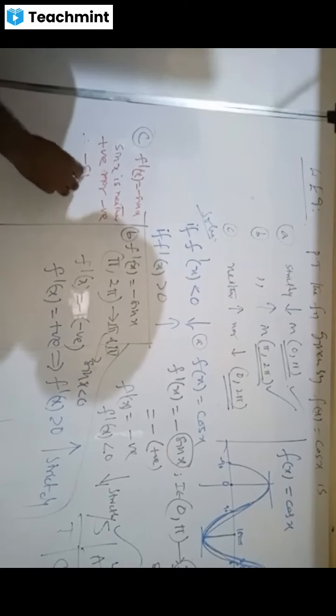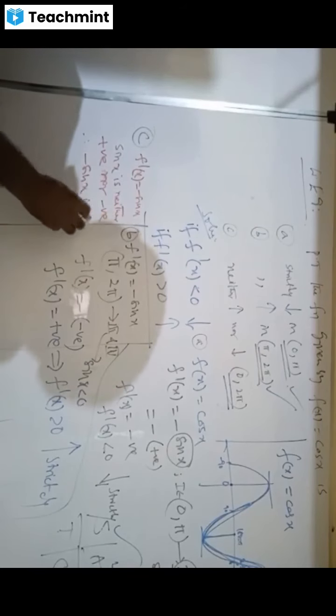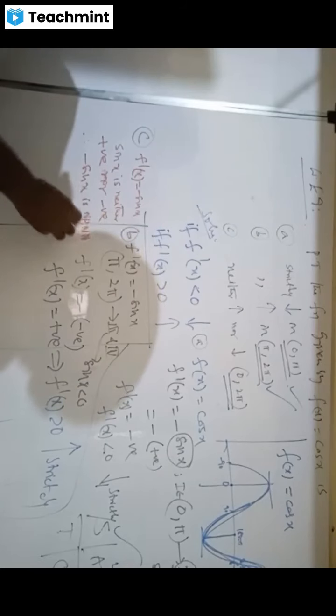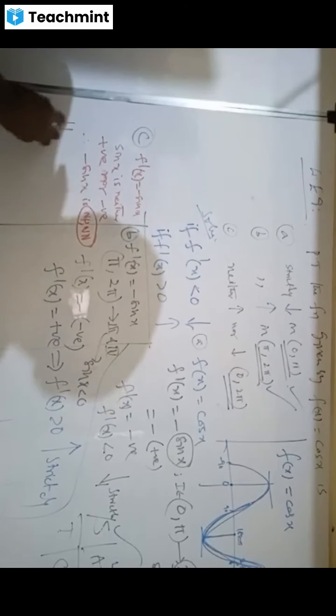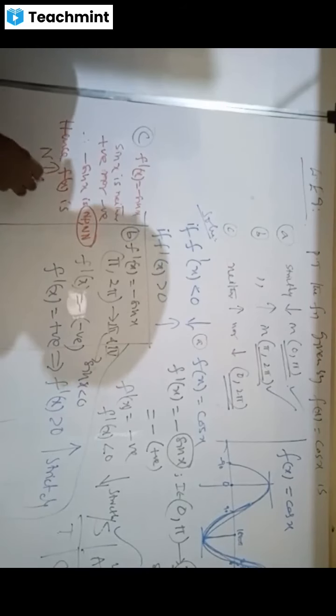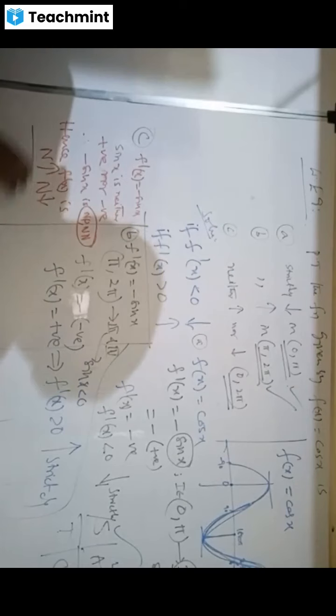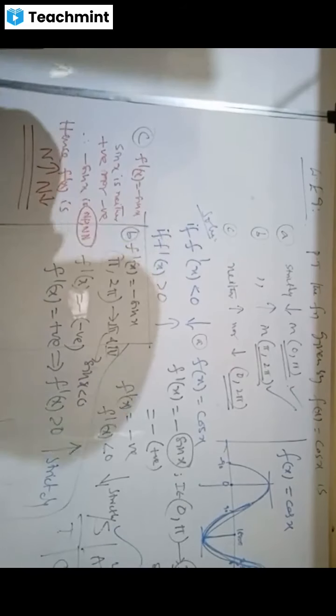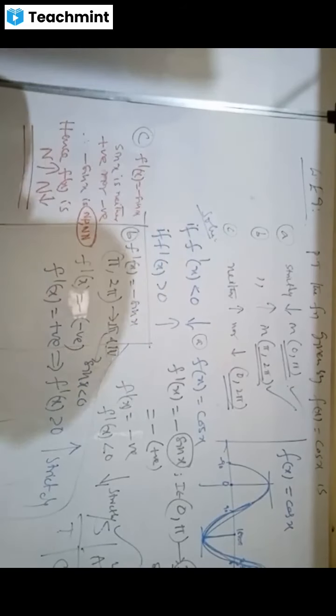Therefore, minus sin x is neither positive nor negative. Hence, f of x is neither increasing nor decreasing like this. I hope it is clear, okay?